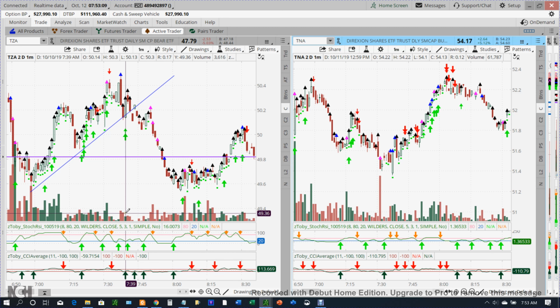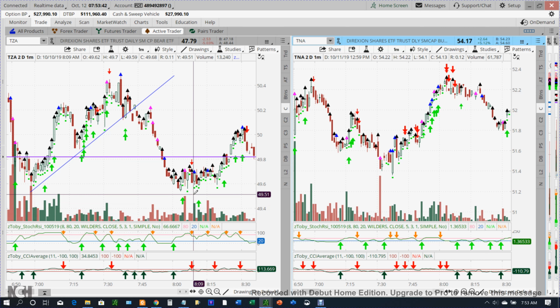This would have been a very bad place to get in. But you still could have limited your loss using a stop loss of 20 cents. So you would have gained 25, 30 cents, and then lost 20 cents if you had just gone on these green arrows. That's why it's so important to look at the green arrows and the volume bars down here.